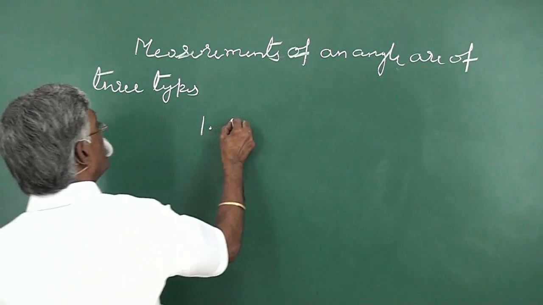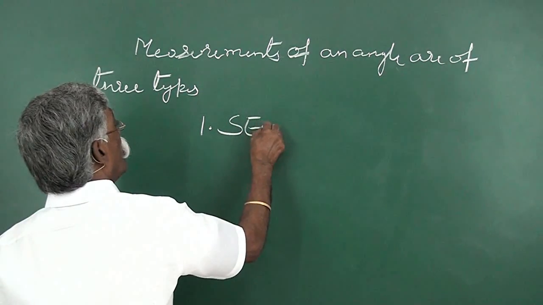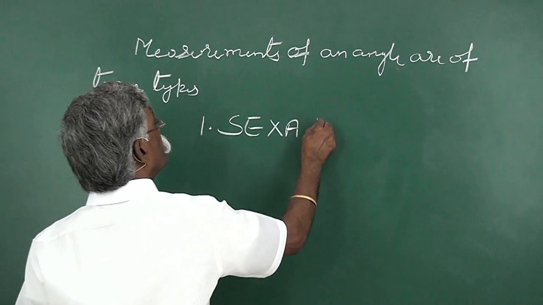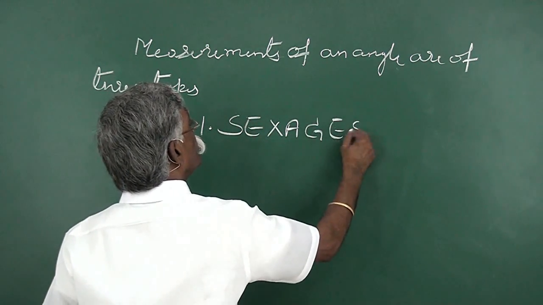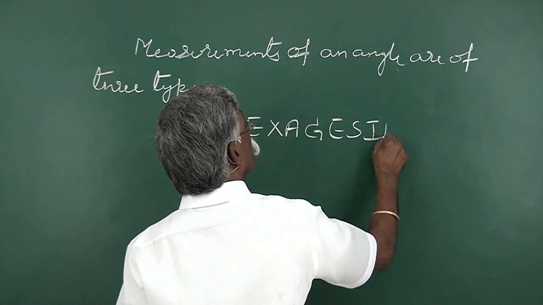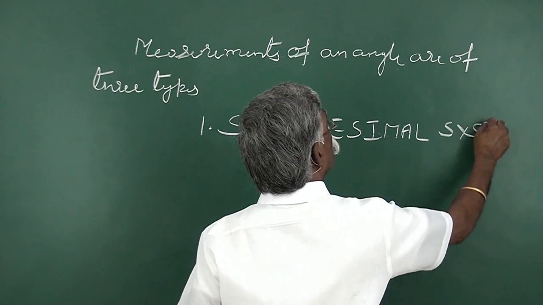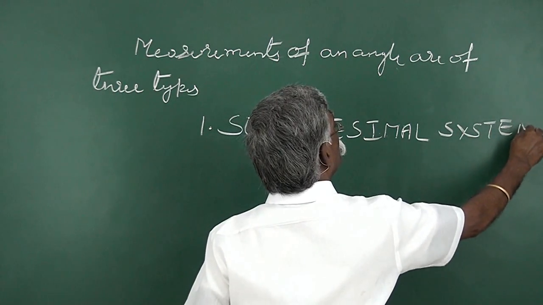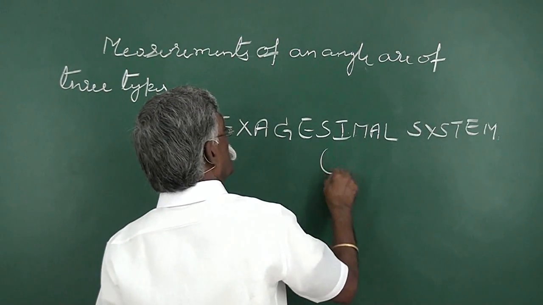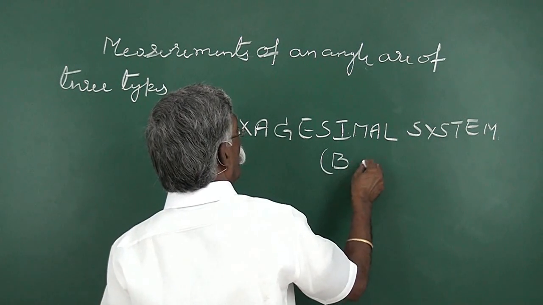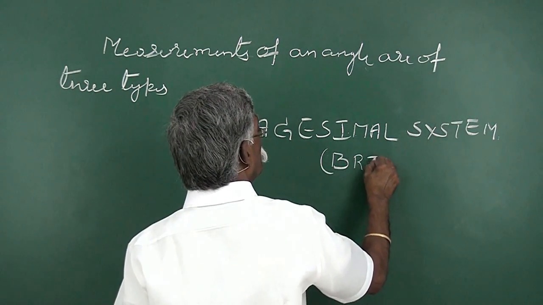Number one, sexagesimal system. This may also be called as British system.